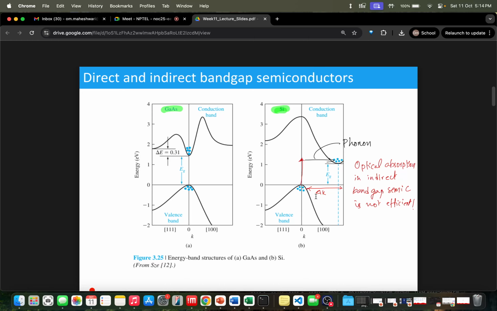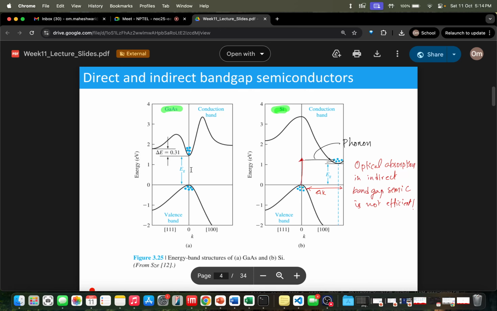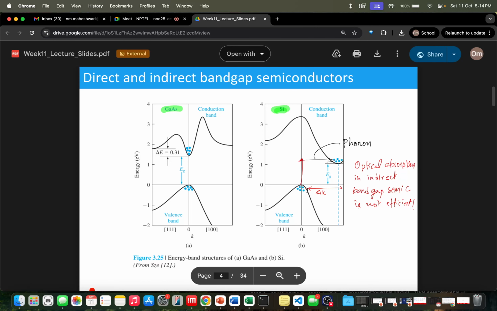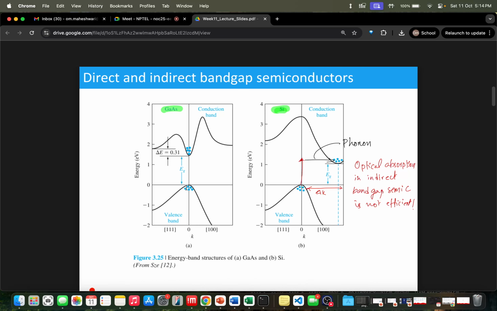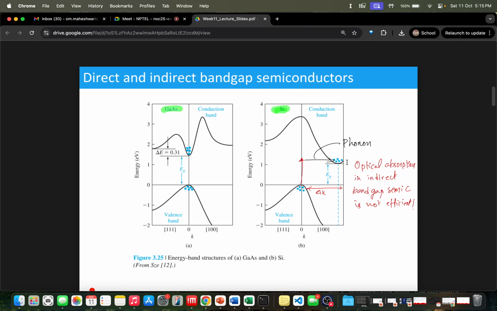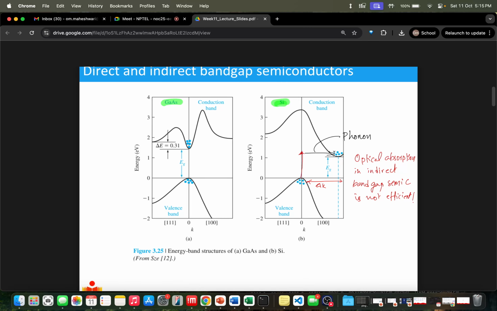Direct band gap semiconductors have easier optical emission or absorption because there is no delta K. Here, if a photon strikes, it will increase the energy, but the electron will need a change in momentum to go to the conduction band valley.